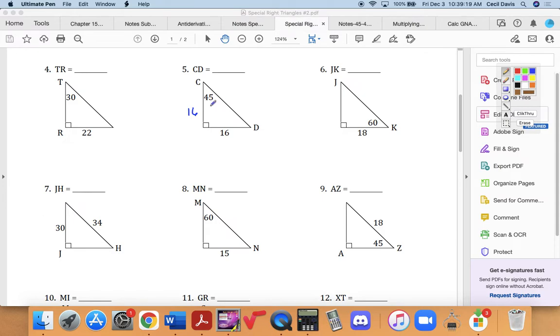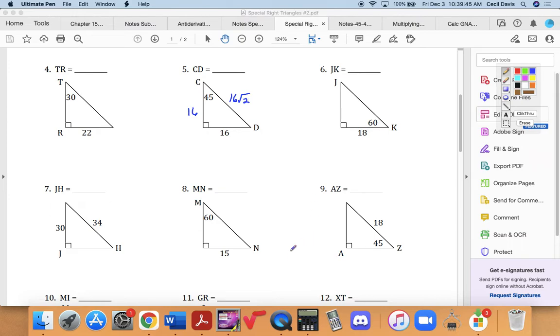Yeah, you never, in a 45, 45, 90, if you did that, this would be 32, right? Let's stop right there. That's not a triangle. Oh, it would be a straight line. Exactly. So it's not times 2, it's times the square root of 2. 16 square root of 2. Yes.